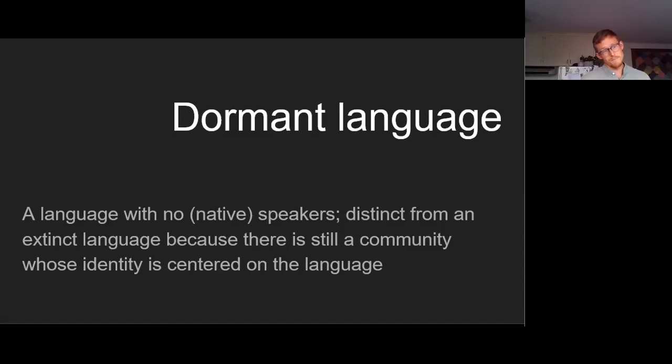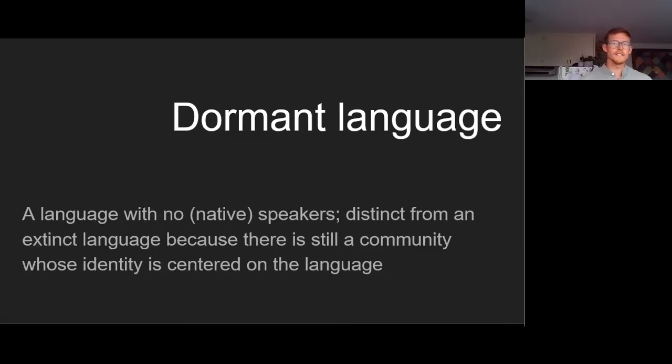Latin is also a pretty good example of an extinct language, right? It has no native speakers. There's lots of people that use it for various reasons, but it has no native speakers, and it's not really a language of any ethnic group, right? Nobody ethnically identifies as, I don't know, a Roman, right? There's no ethnic group that identifies themselves with some association to Latin as a language, right?